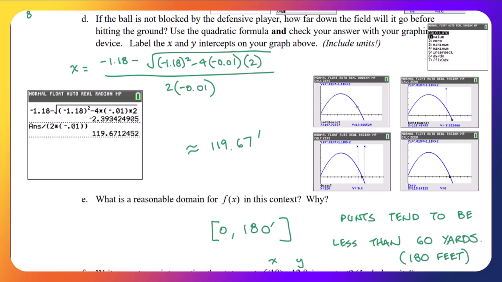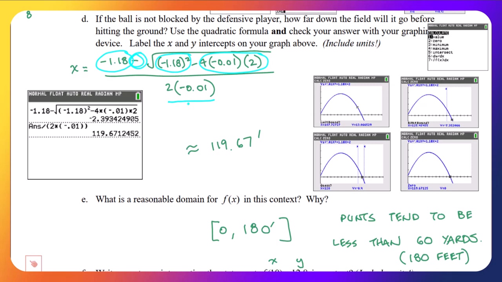Now, here's the quadratic formula, but you might notice I left something out. Okay? Here's the negative b, here's the b squared, and here's subtracting the 4ac. But I didn't put plus or minus, and here's why. I know that the answer is going to be positive because he's kicked the football down the field.